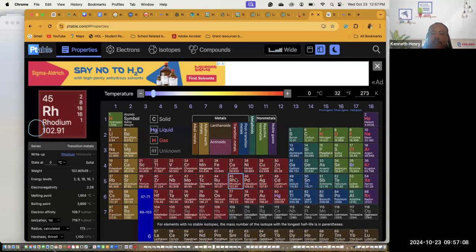If I have Po right here, Po is polonium, right? I'm always going to use a capital P and lowercase o when I'm talking about polonium, because there's also a capital P and capital O, which would be phosphorus and oxygen.